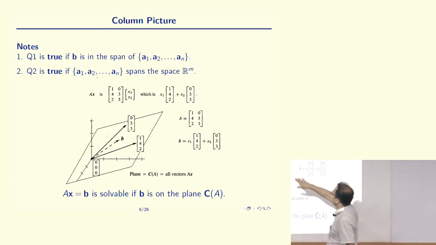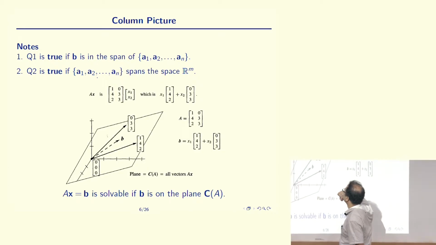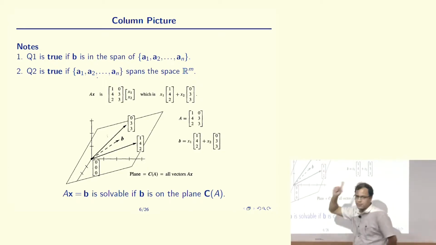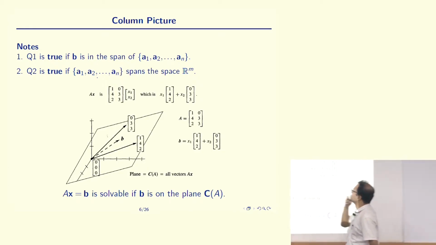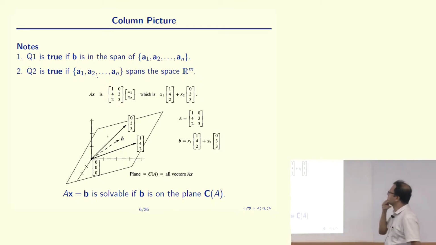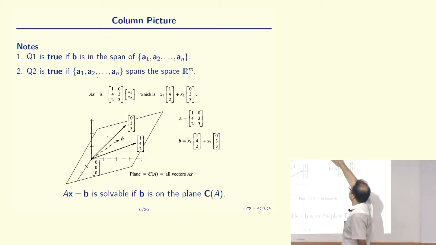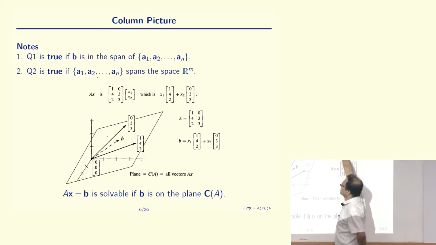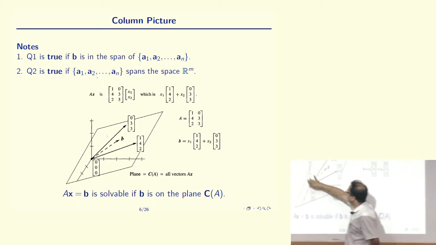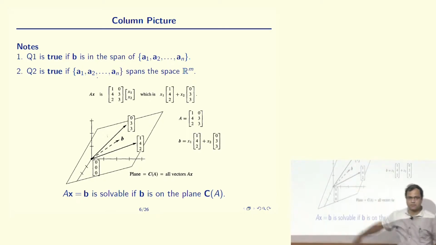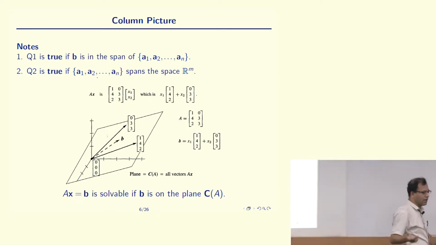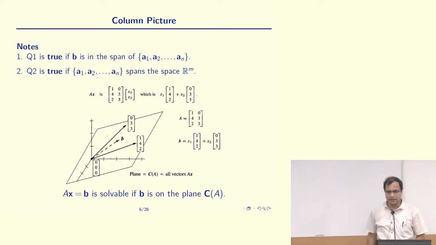So for example, in this Ax, the matrix A is given by this, 1, 0, 4, 3, 2, 3, and the linear combinations of Ax will be spanning this space, which is this plane. We'll come to the actual definitions of how we will be getting such a plane.